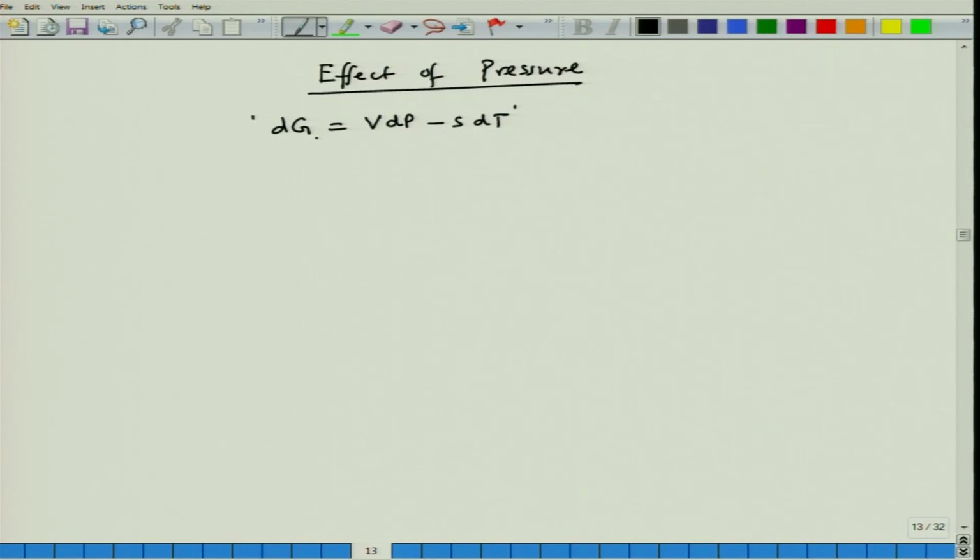Now, I can consider two phases, solid and liquid, and in the case of solid, I simply write dG solid equals V solid dP minus S solid dT, where S is the entropy and V is the molar volume.